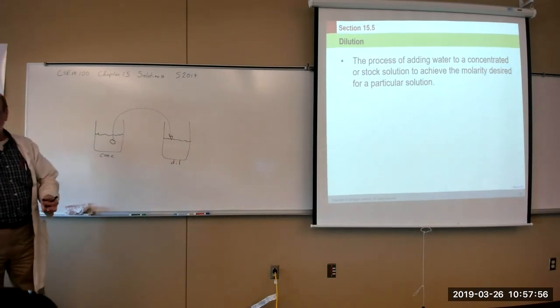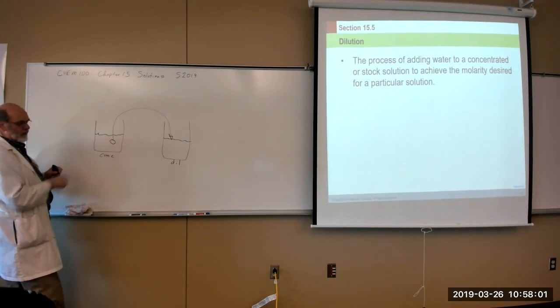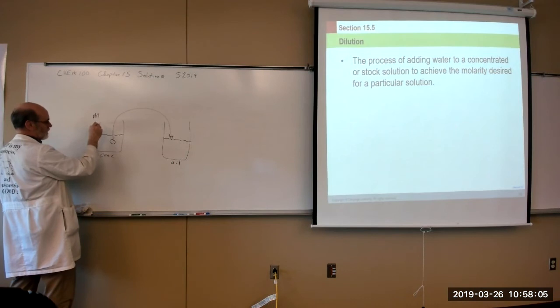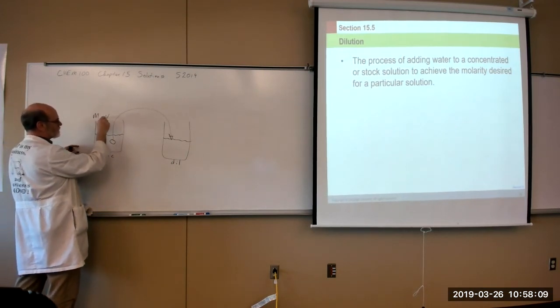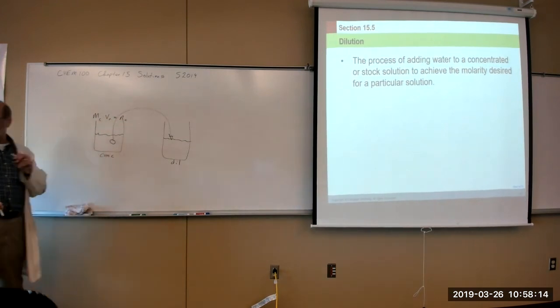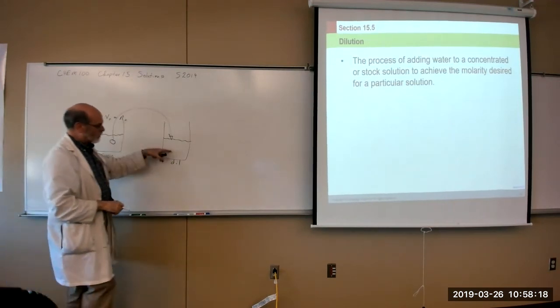So how do we tell how many moles are in that sample? Well, we know the molarity of the concentrated, and if you know the volume of the concentrated, that gives you the number of moles. So you know how many moles you got here. You're going to put that number of moles over here.